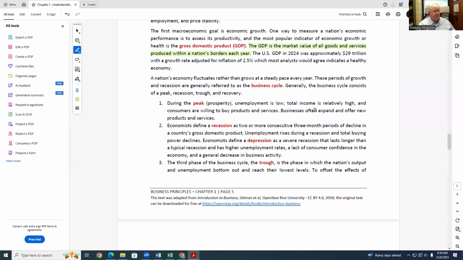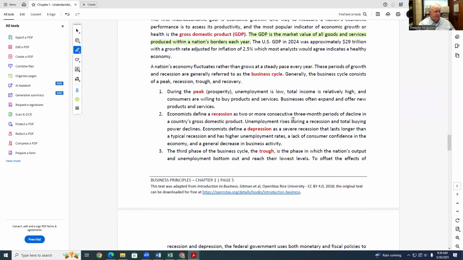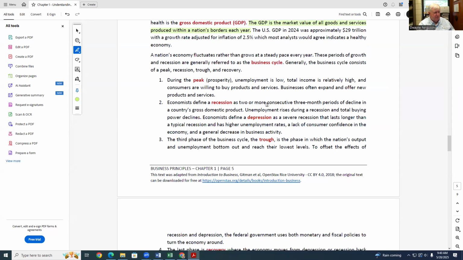Businesses always go through a cycle. A business will go through a peak cycle where they have high growth and high sales, et cetera. Same thing with countries. We've gone through peak prosperity where we had low unemployment and people are willing to buy products. We've gone through recessions.